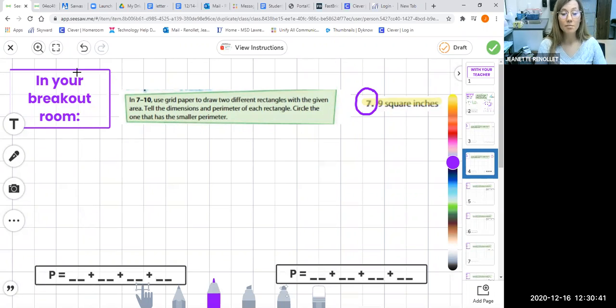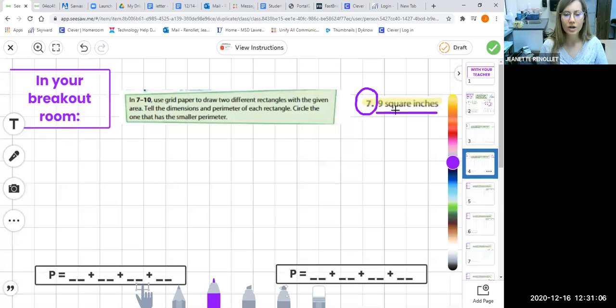Slide 4 is number 7. It says, use grid paper to draw 2 different rectangles with the given area. Number 7 says 9 square inches. You are going to create 2 different rectangles with 9 square inches.